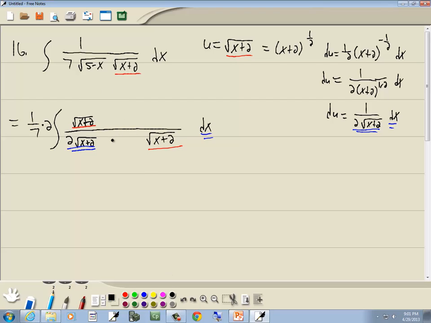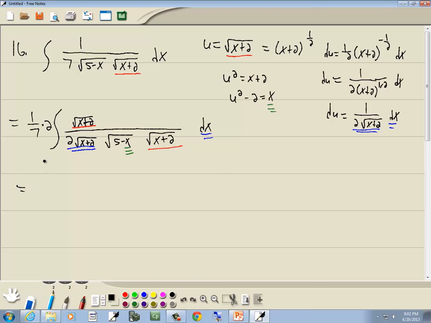The only thing that's left to worry about is this square root of 5 minus x. Well, if I come back to this u is equal to square root of x plus 2, if I square both sides, I get u squared is equal to x plus 2. Take the 2 over, and I get u squared minus 2 is equal to x. So now we know what this x is. That's equal to u squared minus 2.